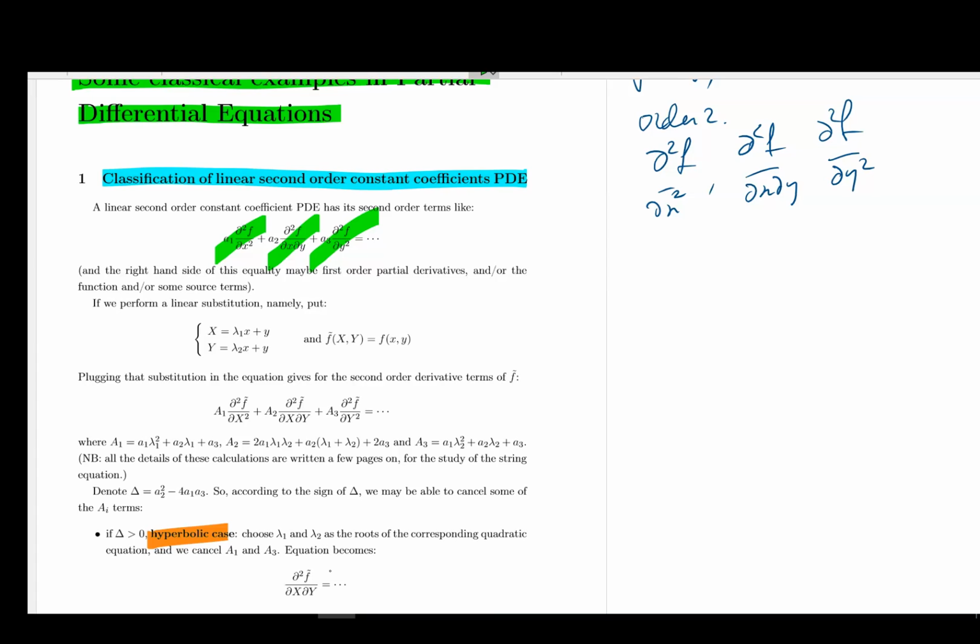And according to the different respective values of the coefficients a1, a2, and a3, we are going to be able to classify those equations as three different kinds of cases. So let's see how that works.